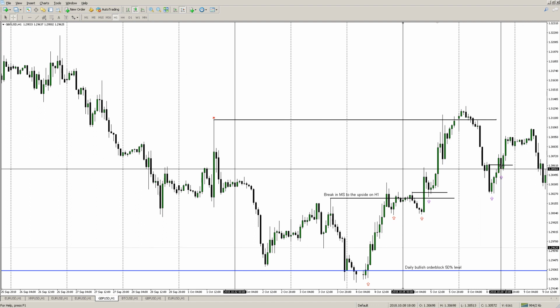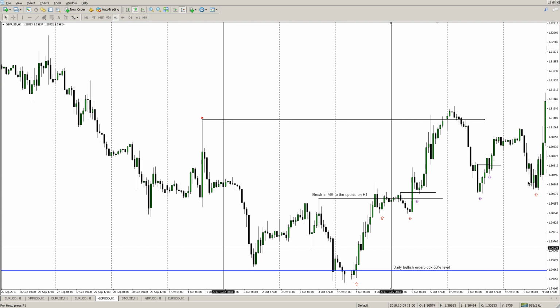The market gives you roughly about 40 to 50 pips or so before having another round of selling. So my question is, if you were a buyer here on this down candle, would you have closed it on this breakdown because it would have scared you out of the position?